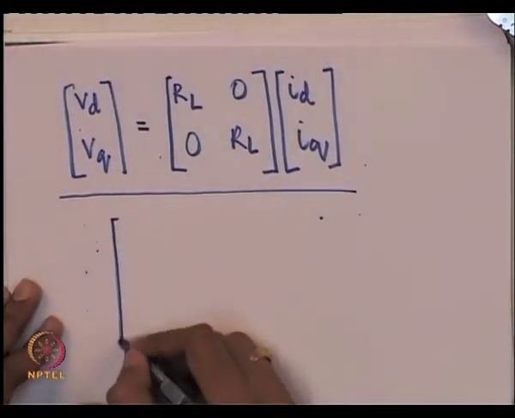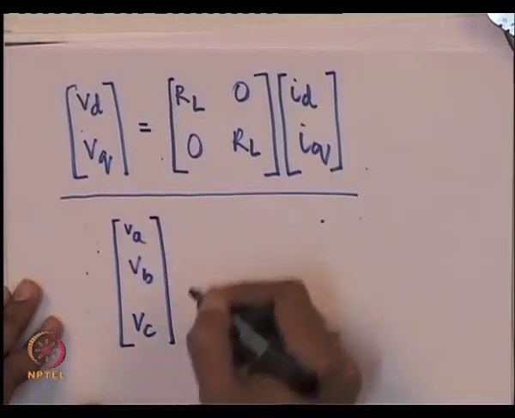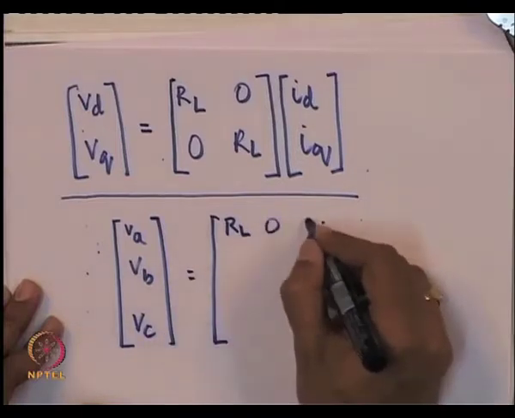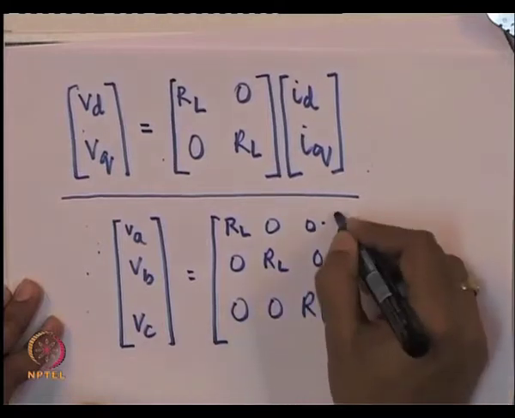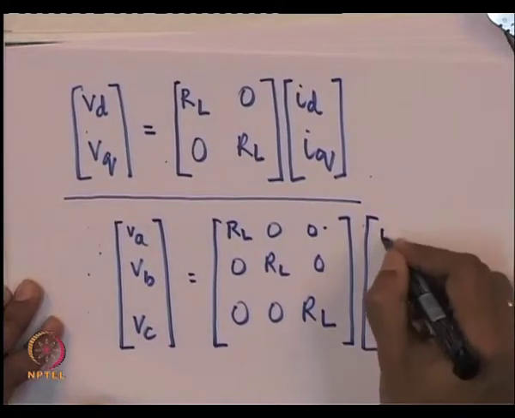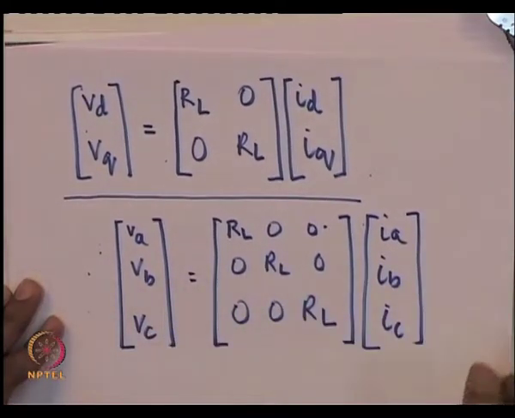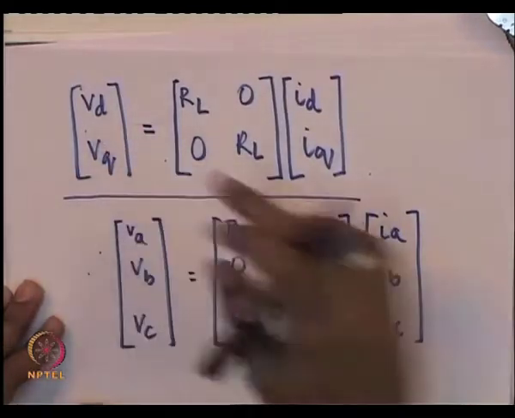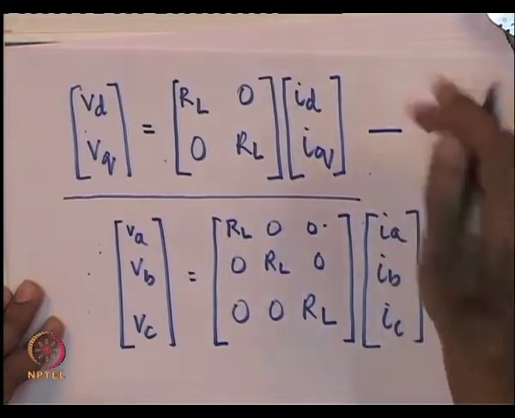How do you do it? Well, you take Va, Vb and Vc, and that is equal to the resistance times the currents, and apply a transformation to the dq frame. So, you will in fact get this relationship here. This is a relationship you should keep in mind.